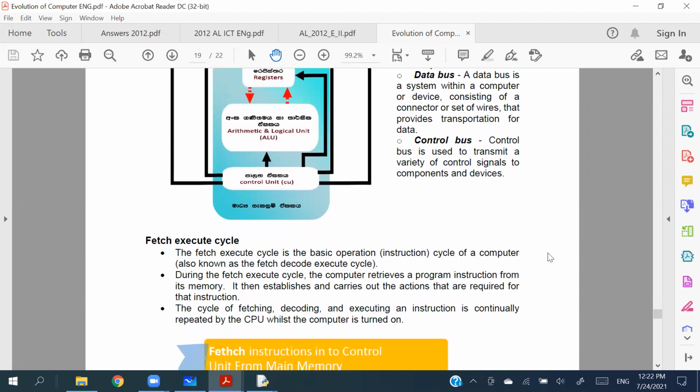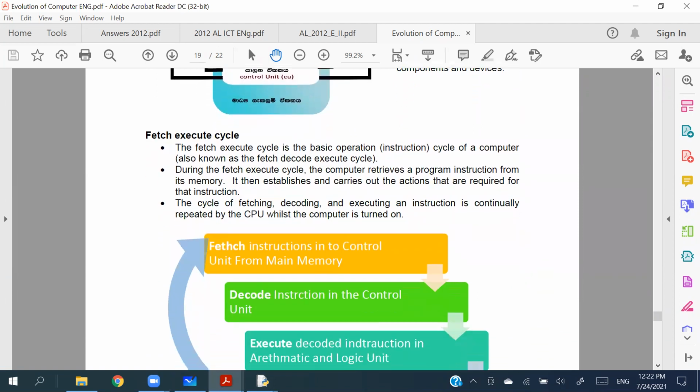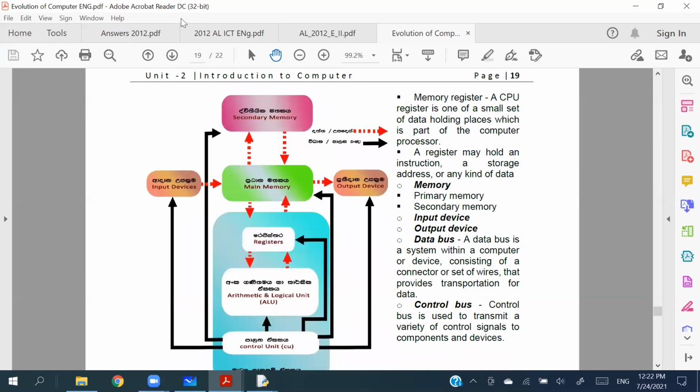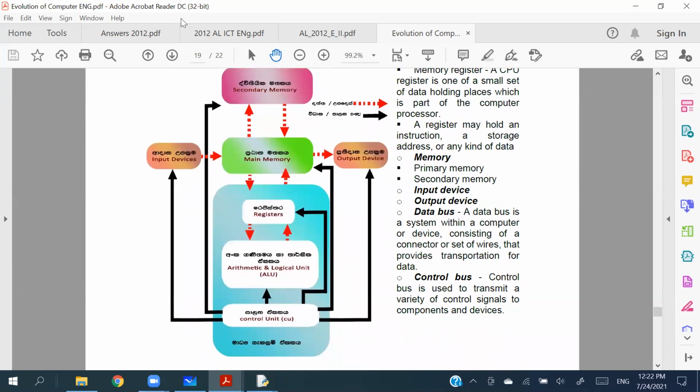Now, when it comes to the fetch execute cycle, this explains how a particular instruction is being executed. What happens to the instruction which is being taken from the memory? In the Von Neumann architecture I described to you, the programs are stored in the secondary storage, and once they are executed, they come onto the main memory.